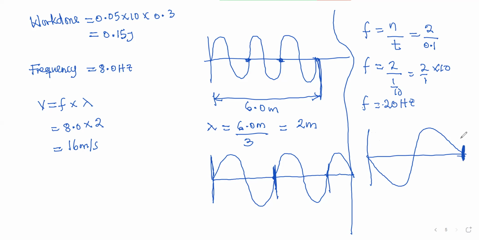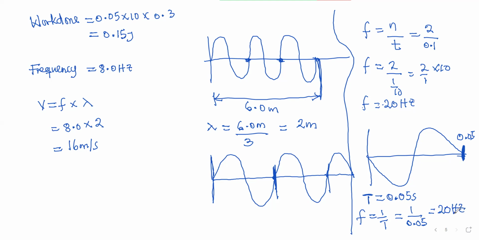From the graph, the time is 0.05. So the period is 0.05 seconds. If f is equal to 1 over the period, then 1 divided by 0.05 must also give us 20 hertz.